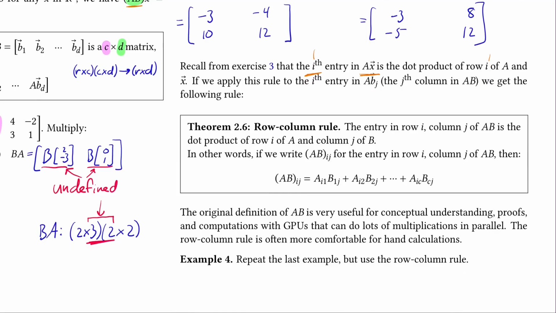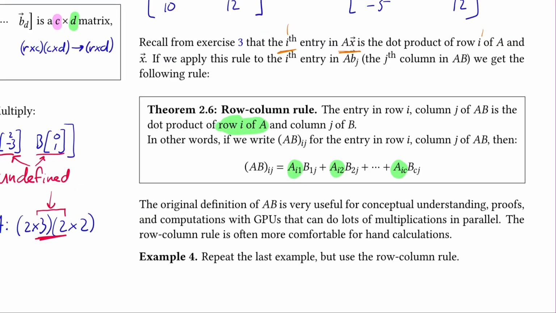The notation might be a little tricky to read, but what it says is that in order to get the IJ entry of AB, that means the entry in row I, column J of AB, then we're going to get the sum of the entries from row I of A, which is what I've highlighted in green.